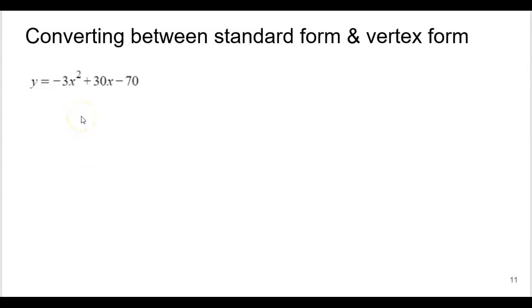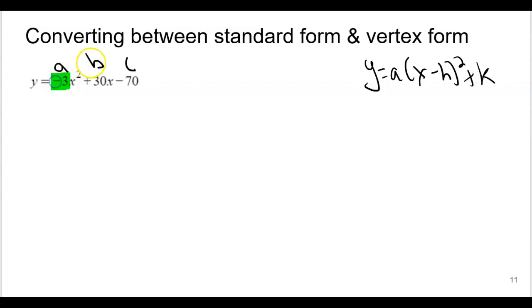Okay, the last thing we're going to do is talk about converting from standard form to vertex form. Remember that vertex form is y equals a(x minus h) squared plus k, and we have a, b, and c. The great part about this is we already have a.